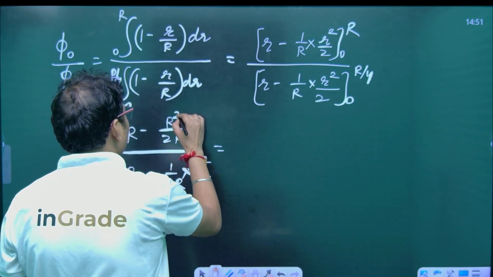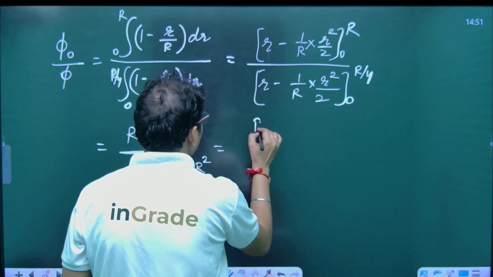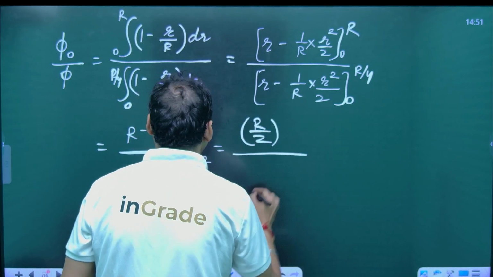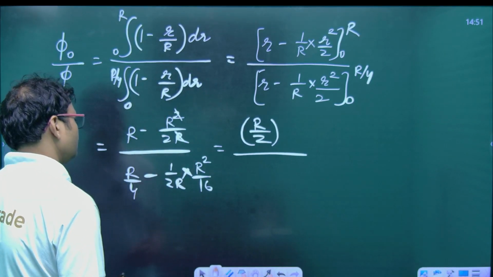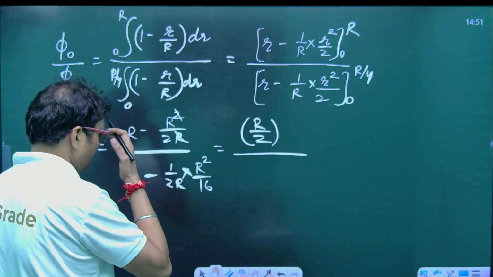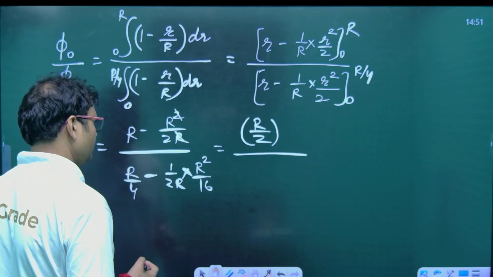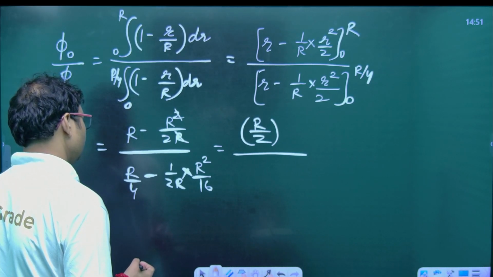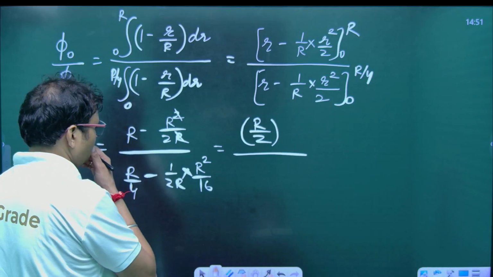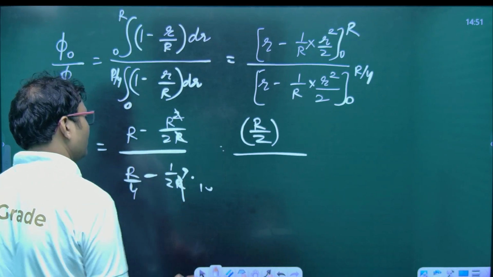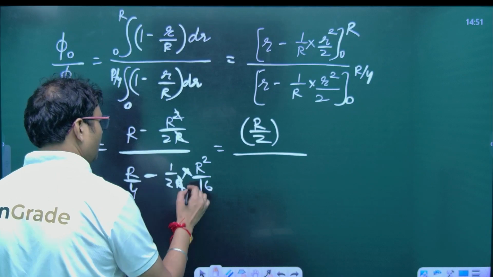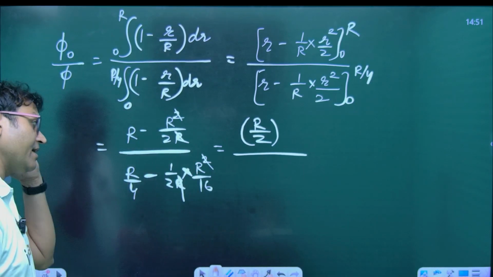R minus R by 2 is R by 2, divided by... R and R are getting cancelled out.